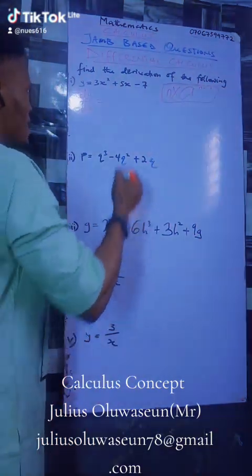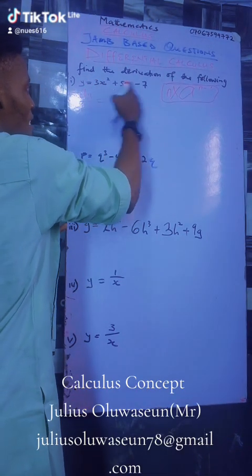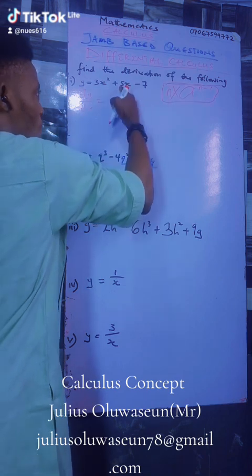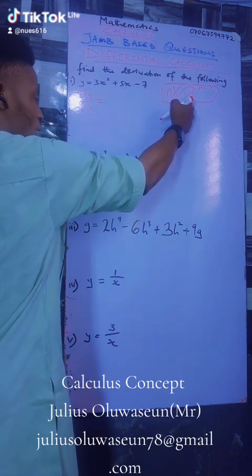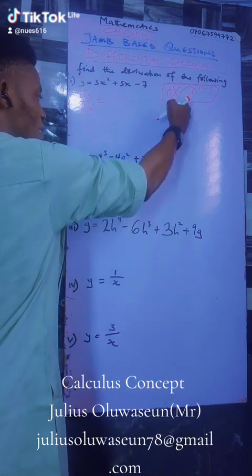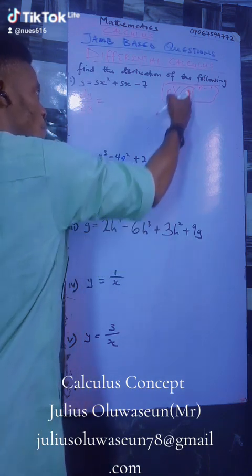So in actual sense, this 3x represents a, 5x represents a. The same thing with q squared: q represents a, 4q represents a, 2q represents a.